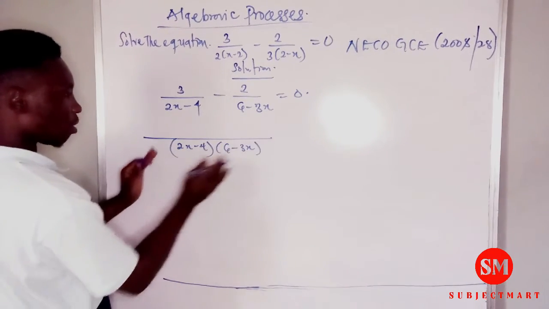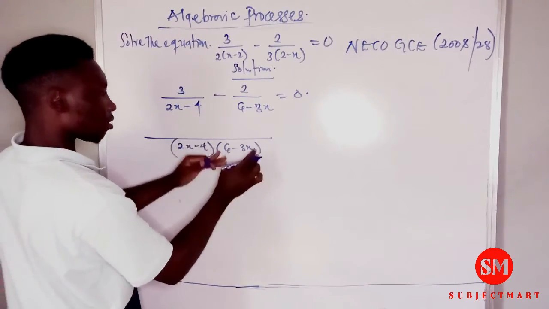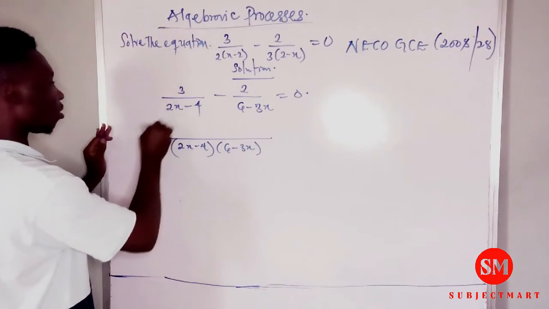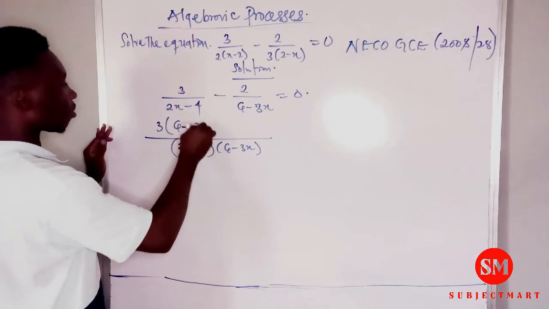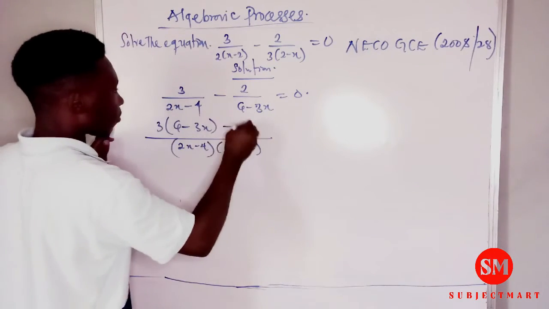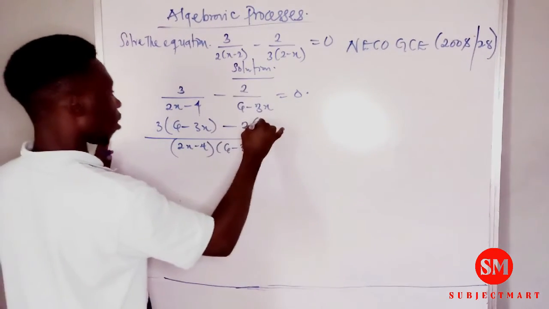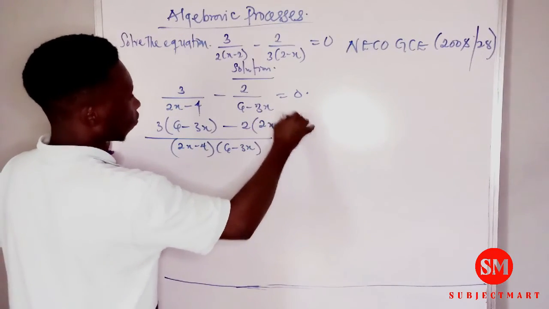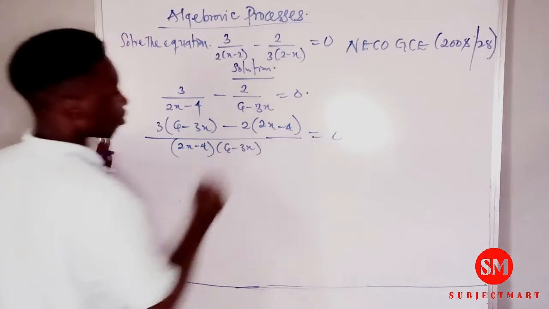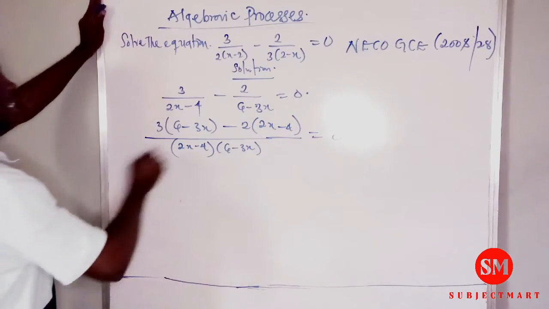My LCM is 2x minus 4, 6 minus 3x. This is our LCM. So this 2 divided by this gives us this. So this time this gives us 3 open bracket, 6 minus 3x close the bracket minus 2 open bracket. So this divided by this gives us this. This time this gives us 2x minus 4 is equal to 0. So at this junction, I can expand this.